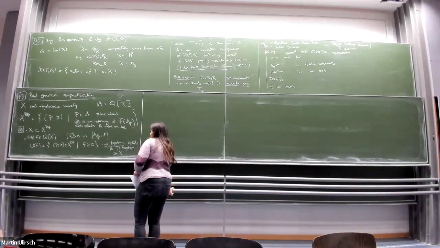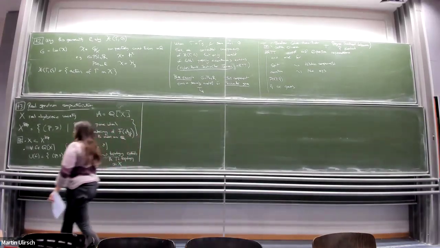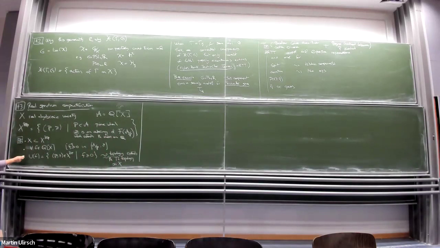Now there are two surprising properties. We consider the real spectrum together with this constructible topology.